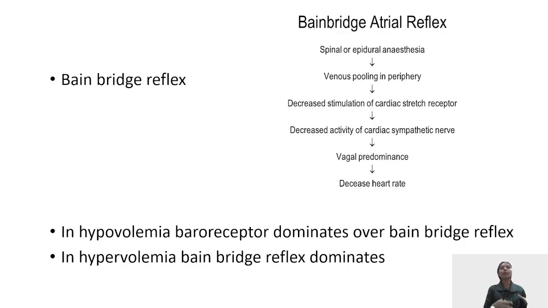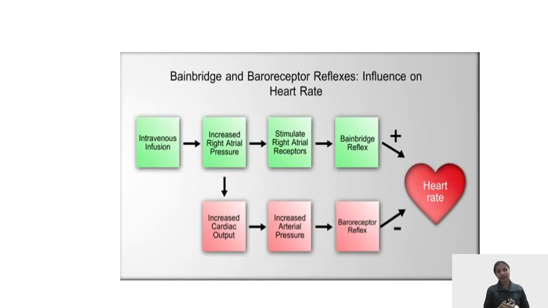That is your hypervolemia. You have Bainbridge reflex that dominates. Because eventually, when intravenous infusion is given, right atrial pressure increases. The right atrial receptors stimulate. Your Bainbridge reflex says pump the blood more. So let's increase the heart rate.